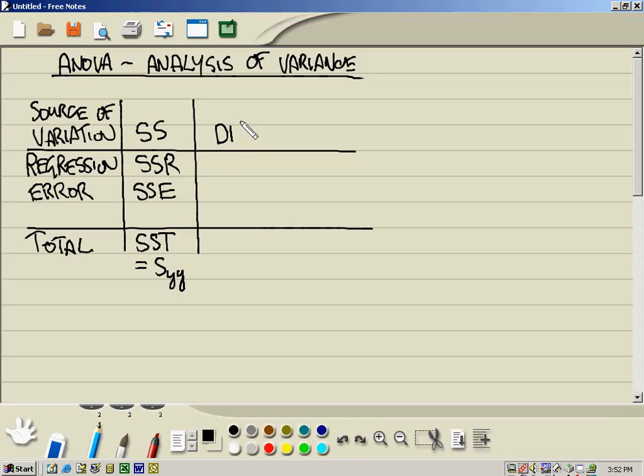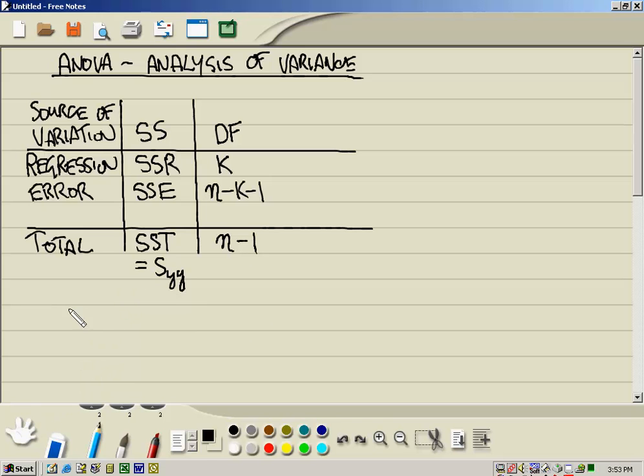Every sum of squares needs an associated degrees of freedom to calculate some variance. The degrees of freedom associated with the regression sum of squares is k. Degrees of freedom associated with the error sum of squares is n minus k minus 1, and the degrees of freedom associated with the y variable, as it always is, like an x variable also, is n minus 1.